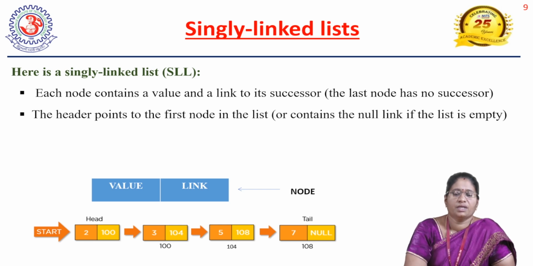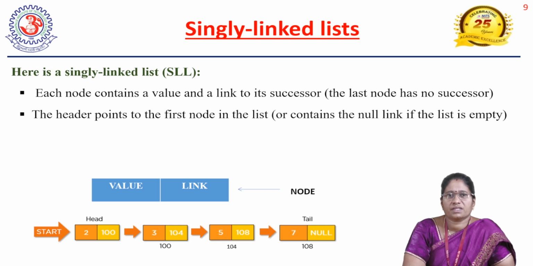Now look at how we represent a singly linked list. If you observe this picture, we start with the start, which is the head node. The head node connects to the first node in the list. Here 2 is the first node's element, the value. Then what is 100? That 100 is the address of the next node.